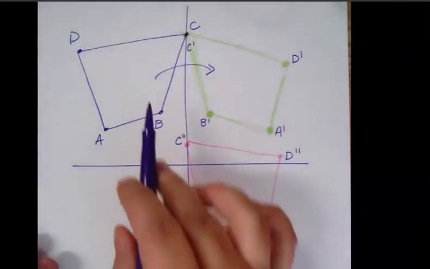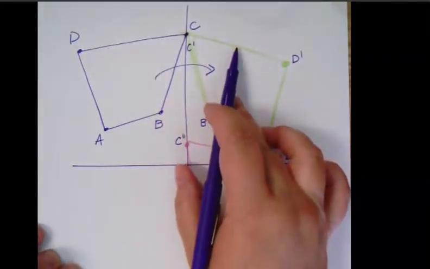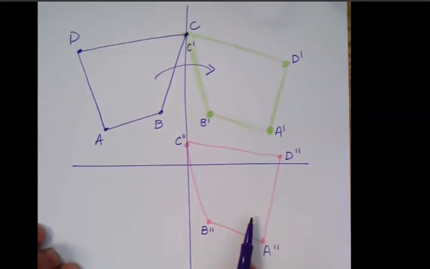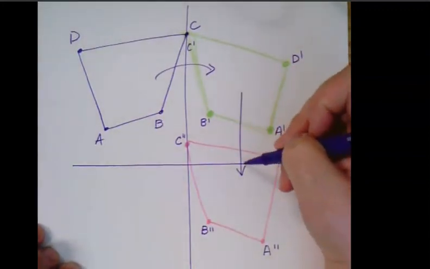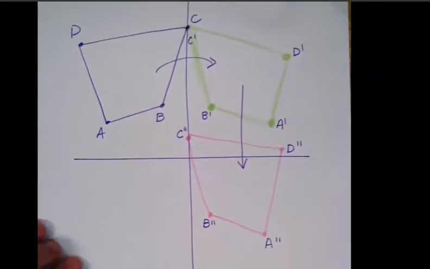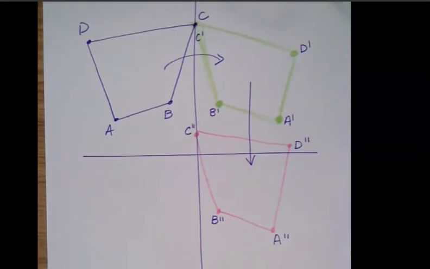Okay, so once I've done the reflection across the y-axis, now I need to get it down here. And it looks like it doesn't twist or turn or flip or anything. It looks like it just slides straight down. So I'm going to slide it down, and remember, a slide is a translation. So now I have to describe what I have done. Let me figure out how far down.